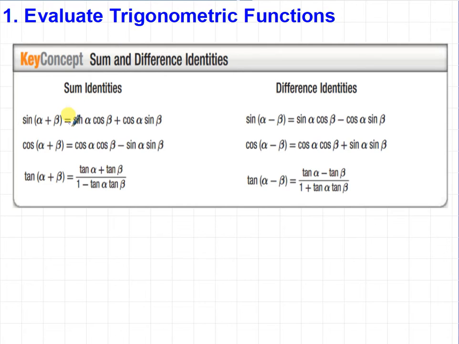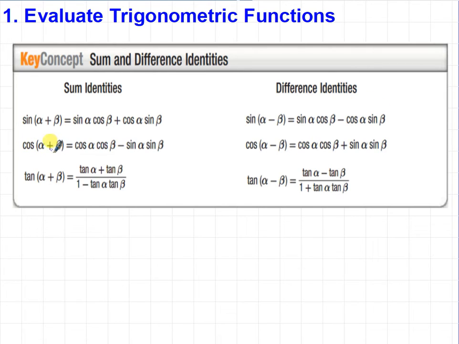So we have 3 identities for sum and 3 for difference: sine, cosine, tan for sum and difference. Sine a plus b is equal to sine a cosine b plus cosine a sine b. Sine a minus b is sine a cosine b minus cosine a sine b.